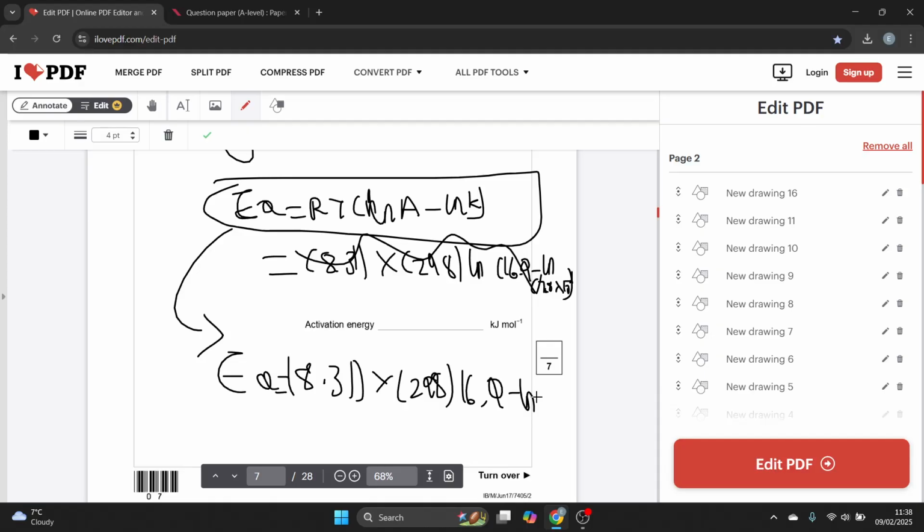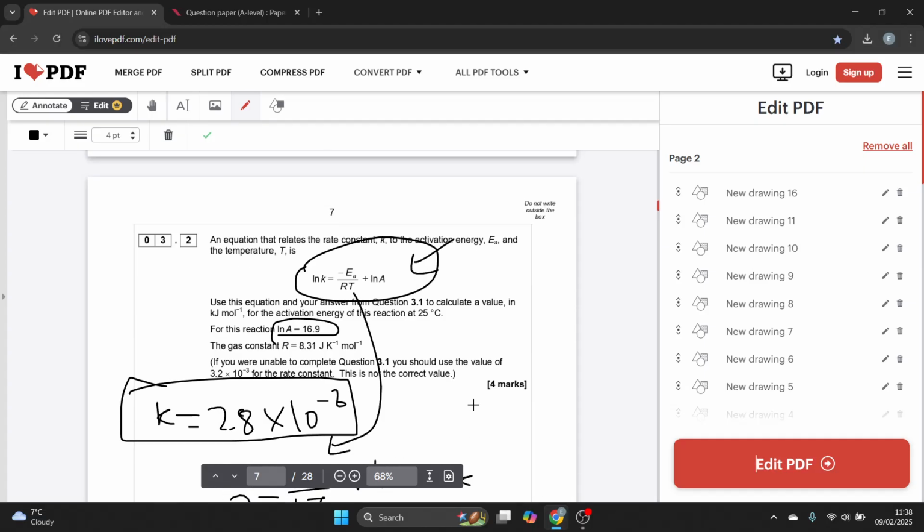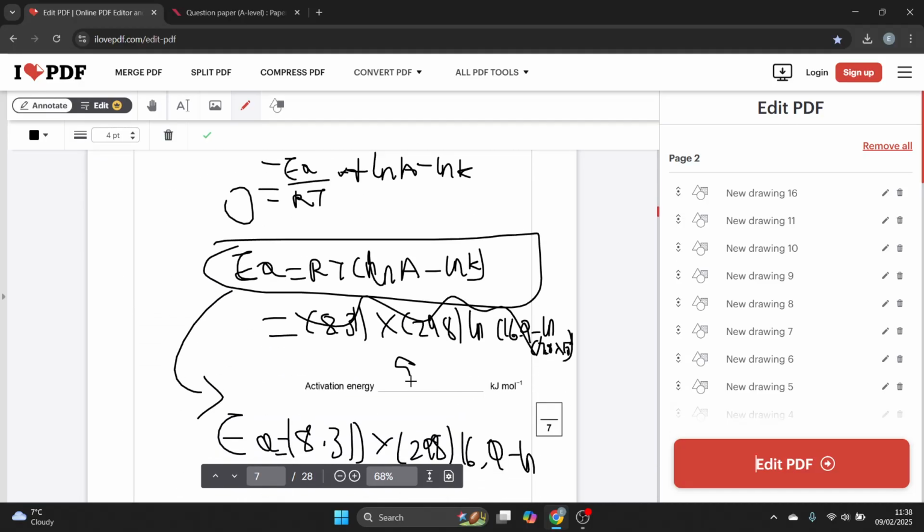I get a ridiculously large number, but remember that's in joules. I want it in kilojoules per mole, divided by 1000. I get 50.7, and yeah, that should be fine, but I'll just round it to 51.